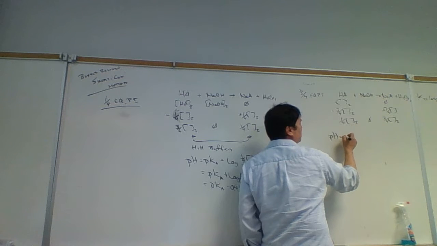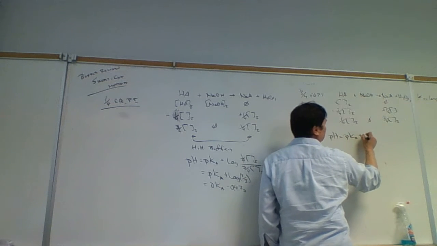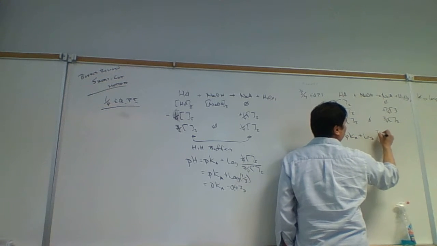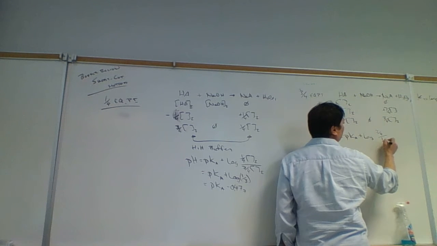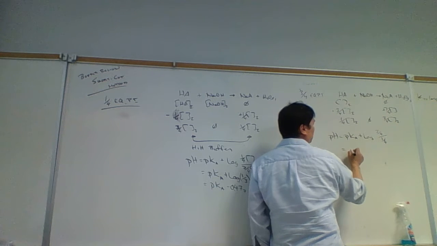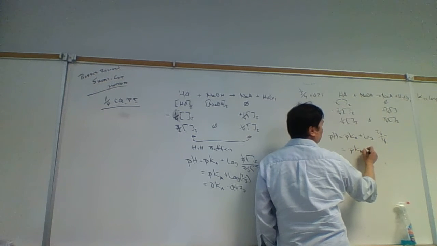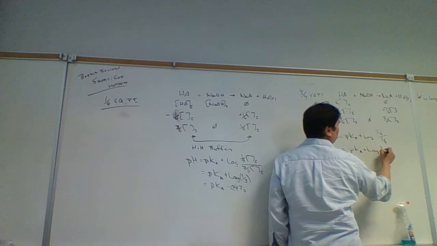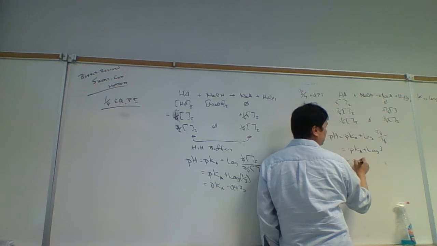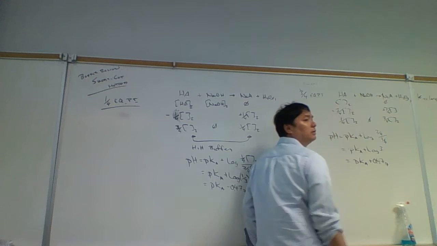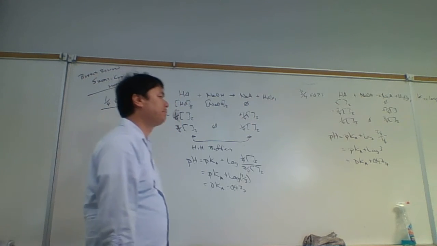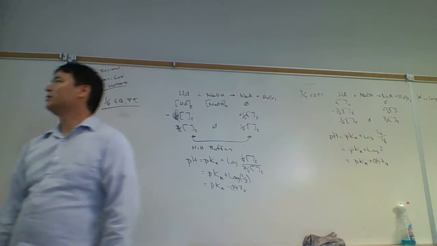So the pH is going to equal the pKa plus the log of, now it's 3/4 base on the top. The initials cancel, so it's a 3/4 to 1/4 ratio, which is the log of 3, which means it's going to be the pKa plus 0.477. And so these points are very easy to get.